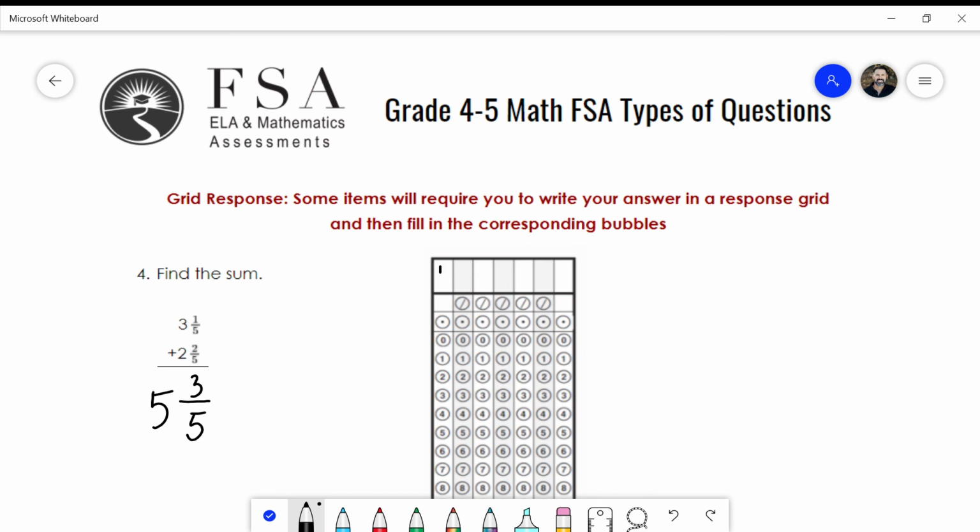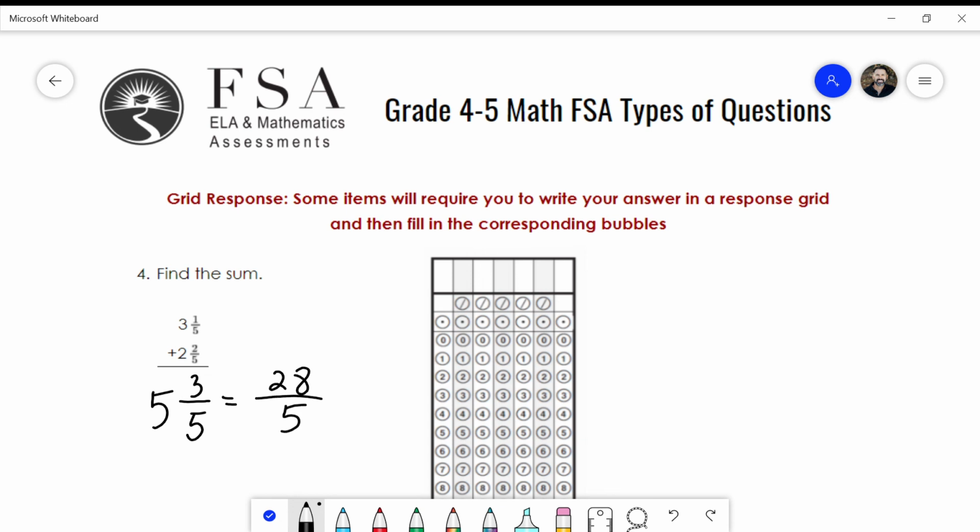If I put 5 3/5, it actually looks like you've just written 53/5. So you can't really tell whether you're writing 5 3/5 or 53/5. You never want to write a mixed number into a grid response. You want to change the mixed number into a fraction greater than 1.